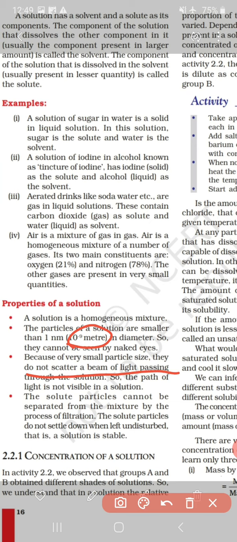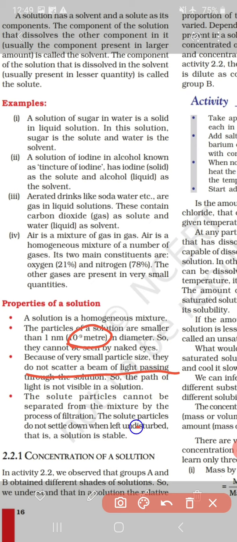I have already explained the Tyndall effect, where I explained why smaller particles do not scatter the beam of light, because they don't reflect the light. Particles इतने smaller होते हैं कि वो light reflect नहीं कर पाते.